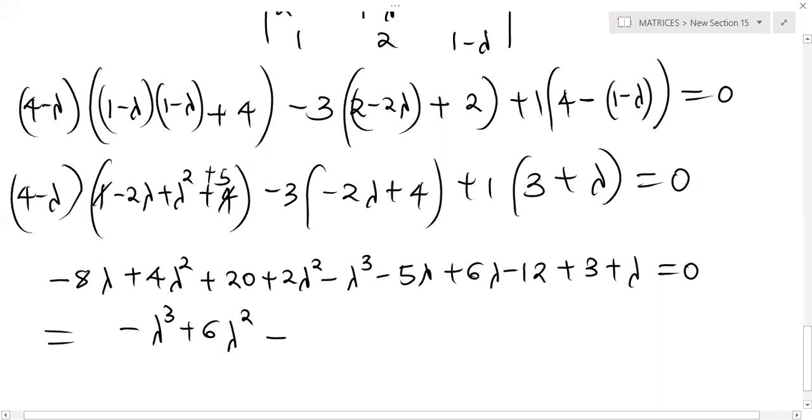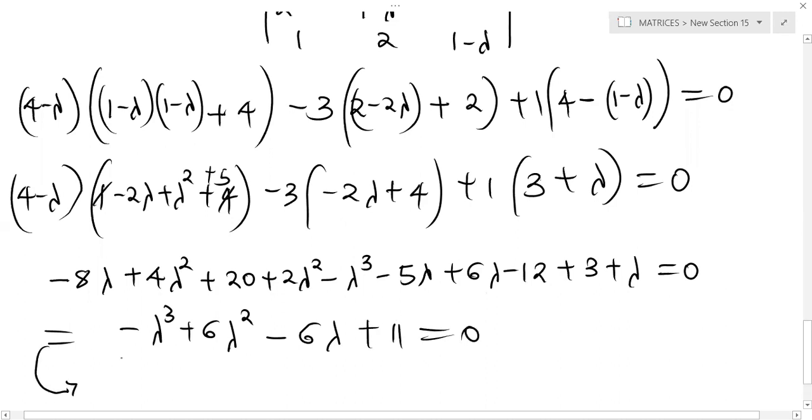Okay, so minus 5 plus 6 will give me 1. 1 from minus 8 will give me 7. Minus 7, so that will give me minus 6 lambda. And then the constants, we have 20, and then 20 minus 12, which is 8. 8 plus 3 is 11. So plus 11 is equal to 0.